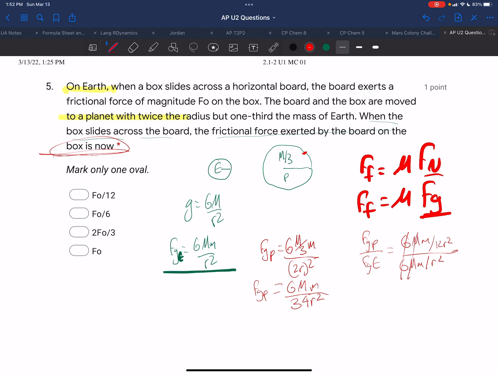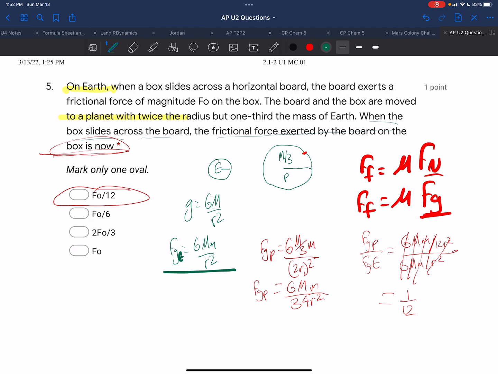The m's cancel. Those m's cancel. The r squareds cancel. And on the top, this was a fraction. So we are then left with 1 over 12. So it's 1/12 as much, or 1/12 the original force.